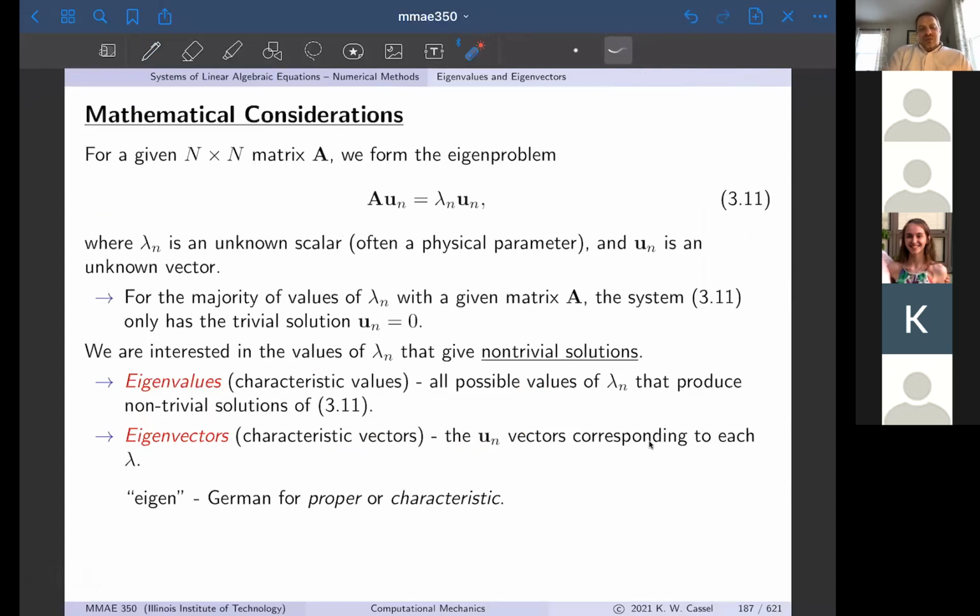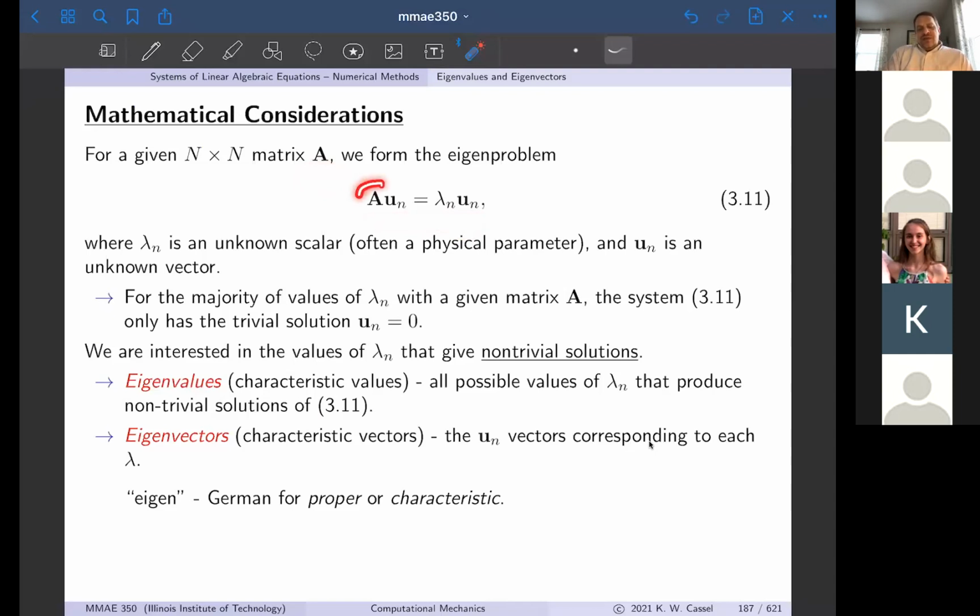So let's say we have a square matrix A, it's n by n, and this is the so-called eigen problem. AU is equal to lambda U. So this is similar, but a little bit different than our system of linear algebraic equations, which was AU is equal to B. In that sense, we had an A coefficient matrix, which was known, a U solution vector, which we were looking for, and a right-hand side vector B, which was also known.